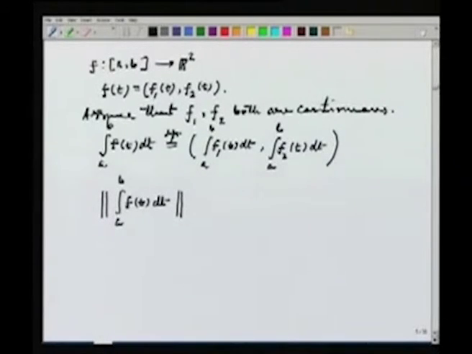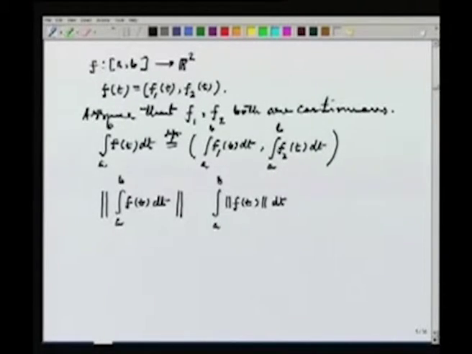Thus, it has got a norm, that is distance from 0. At the same time, I can also talk about the integral from a to b of norm f(t) dt, because f(t) is a vector, so this has got a norm, and that norm now defines a function.